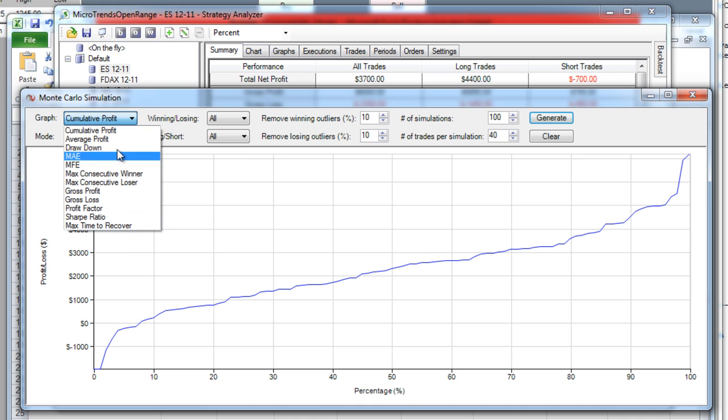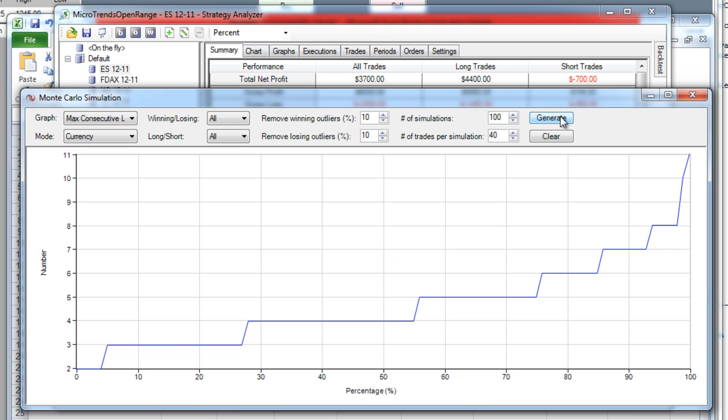And we can do this with other metrics as well. Cumulative profit really isn't the best way to check. What I like to look at is my consecutive winners or my consecutive losers, so I can get a good idea of whenever I'm trading a strategy, especially, and I have like 5 negative trades in a row. Sometimes I'll come back to this and just see how likely it was that I had 5 negative trades in a row.